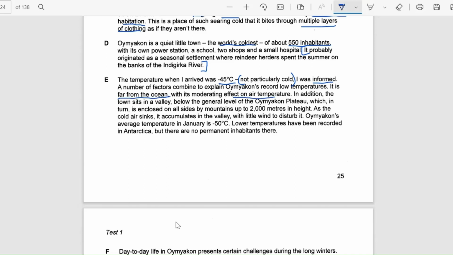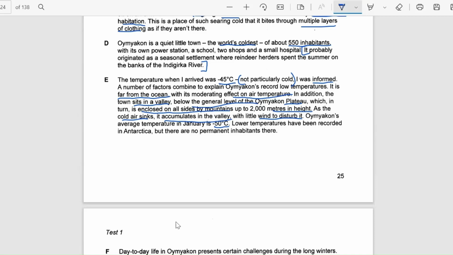So, the effect of air temperature gets moderated, and it's talking about the town being in the valley, below the general level of the plateau, and then it is talking about how on all sides it is covered by mountains. It's talking about the height, and this is how the cold air sinks. It gets accumulated in the valley, and then there is no wind to disturb it, and that is how the temperature goes to minus 50 in January.